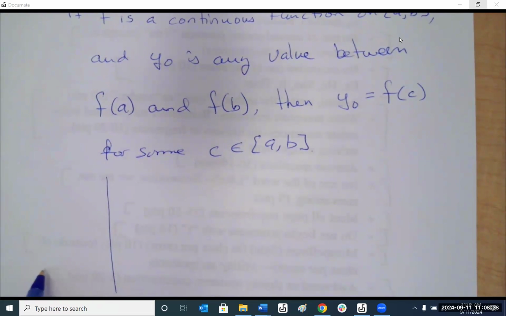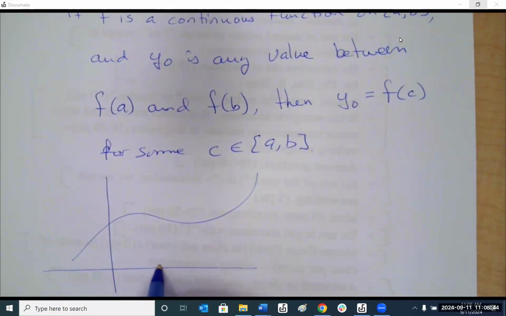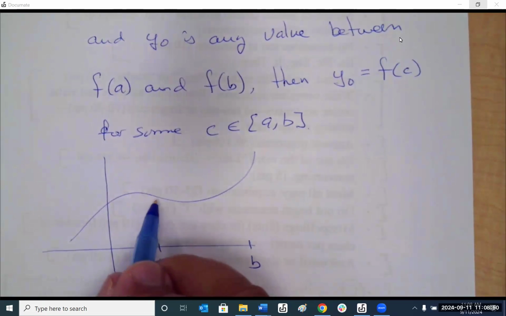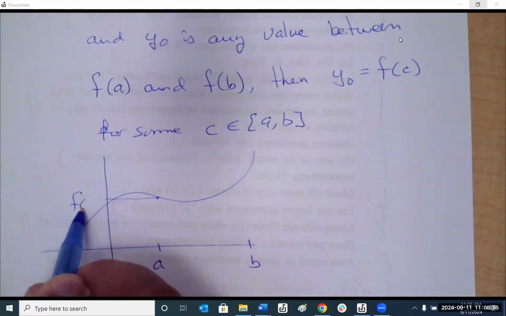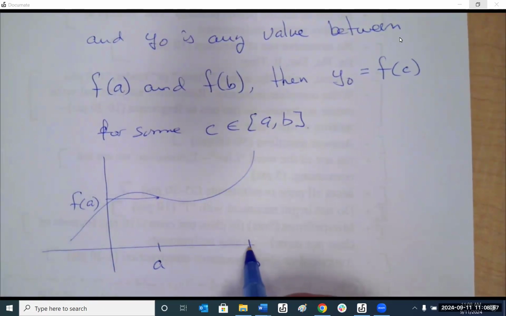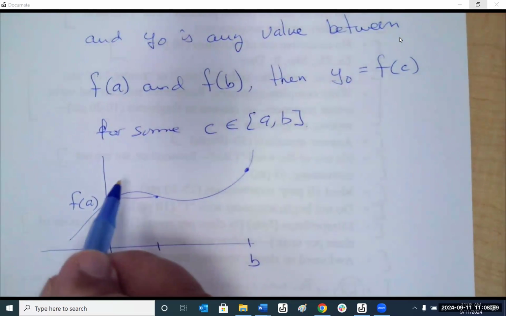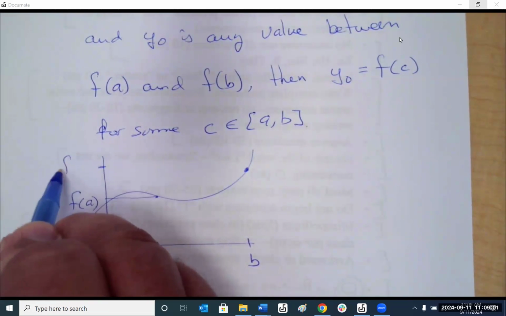It simply means this. If I have a here and b here, this is f of a, and this is f of b.